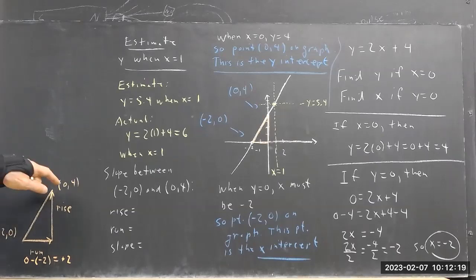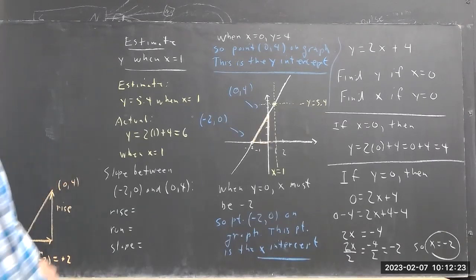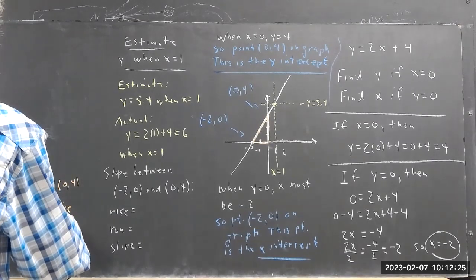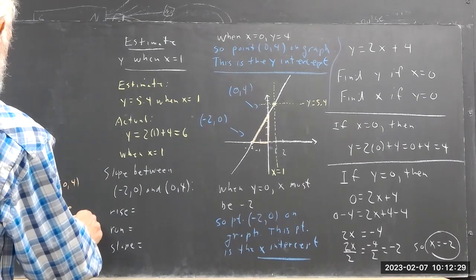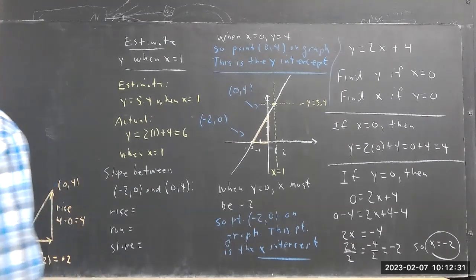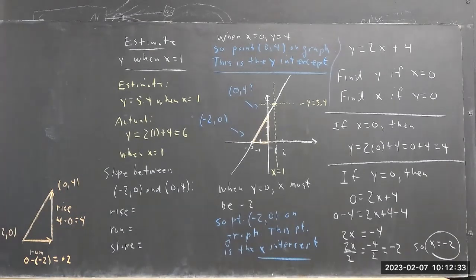The rise is where we end up minus where we start in the y coordinate. It's 4 minus 0. The 4 minus 0 equals 4.